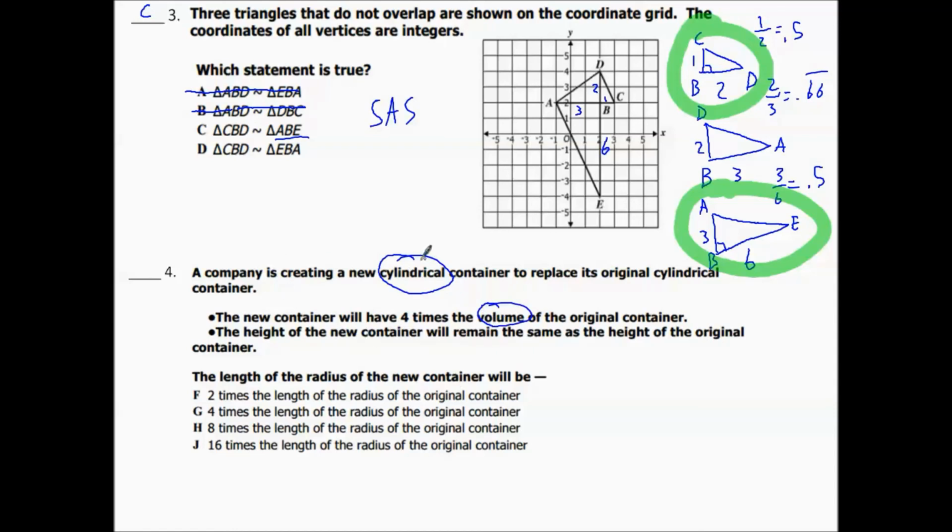So the volume of a cylinder is pi times r squared times h. The new container will have 4 times the volume of the original container. The new container will have the same height as the old one. So this is going to be a problem where you have old versus new.